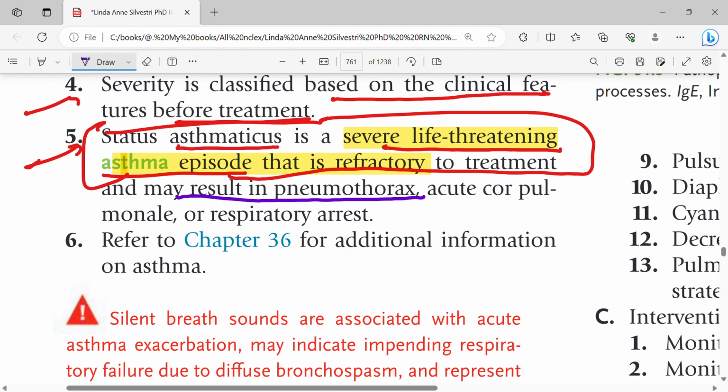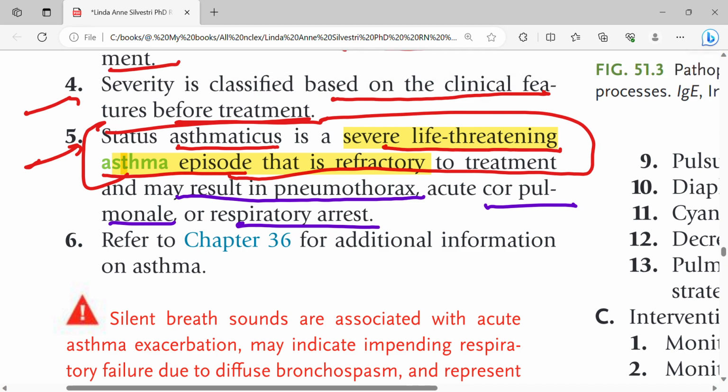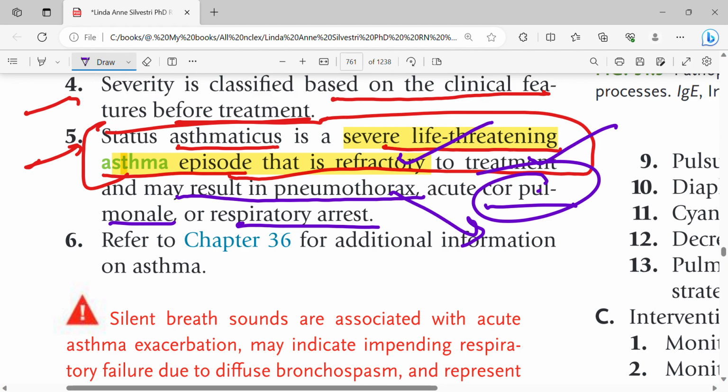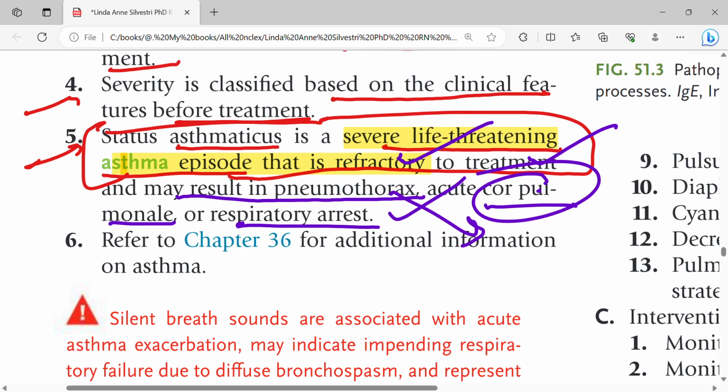Status asthmaticus is a severe life-threatening asthma episode that is refractory to treatment and may result in pneumothorax, cor pulmonale, and respiratory arrest.